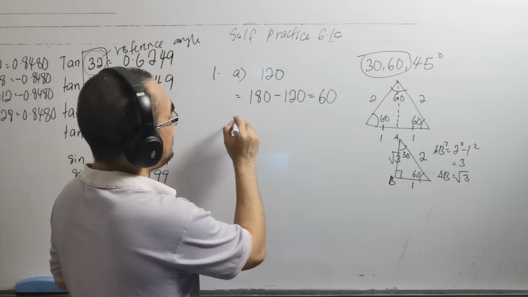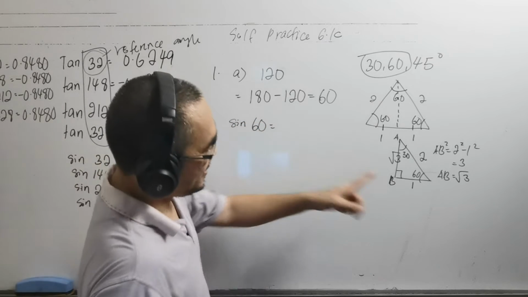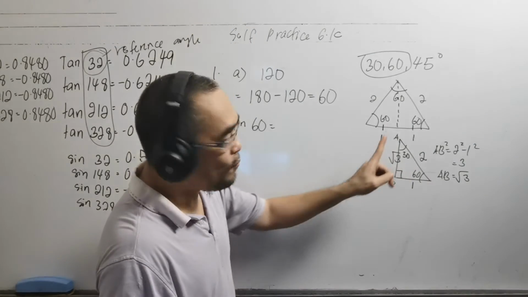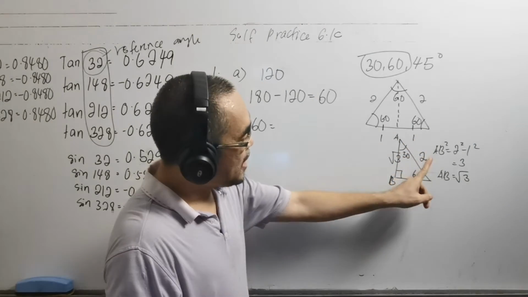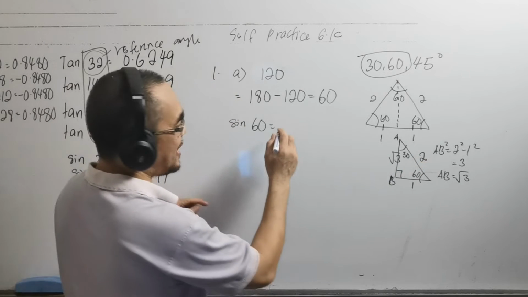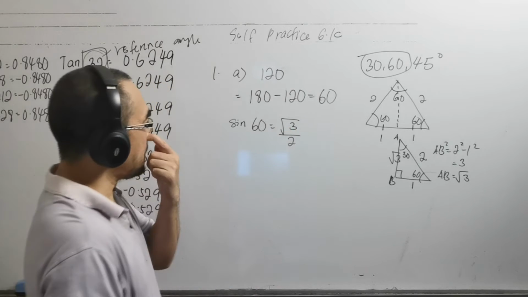If we want to find sine 60, look at here, sine is opposite over hypotenuse, that is square root of 3 over 2.